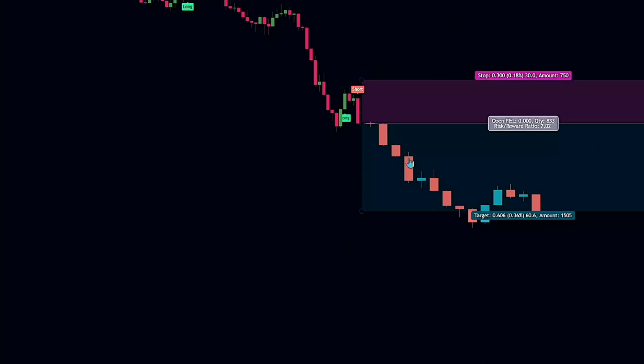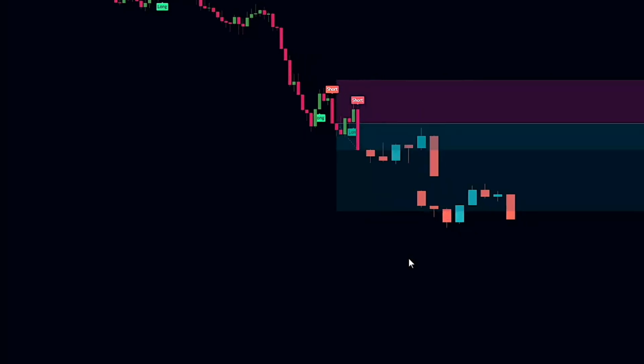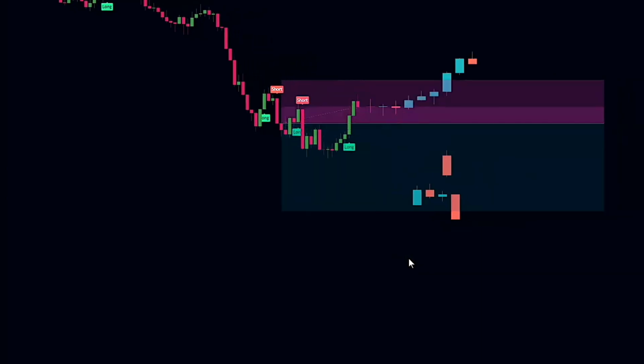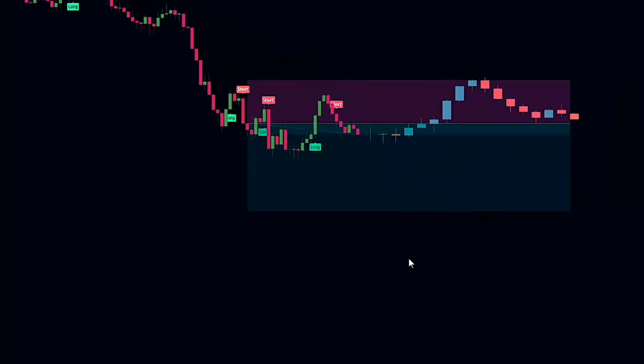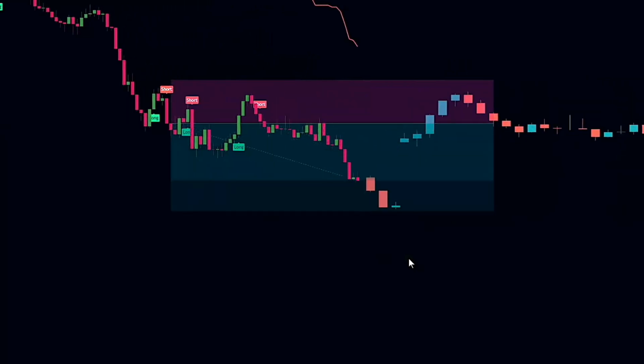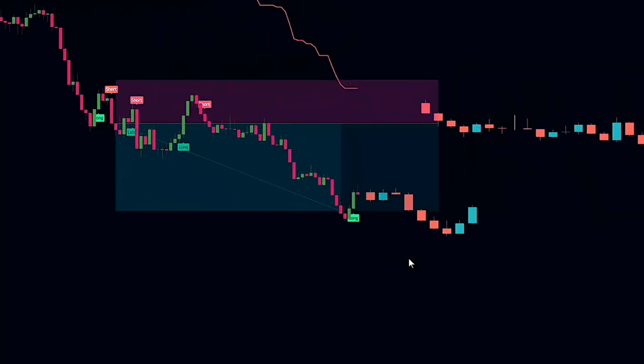Looking at this, we can see the indicator predicts the price will exceed our take profit level without hitting the stop loss, confirming it as a valid trade setup. Let it run. And take profit.